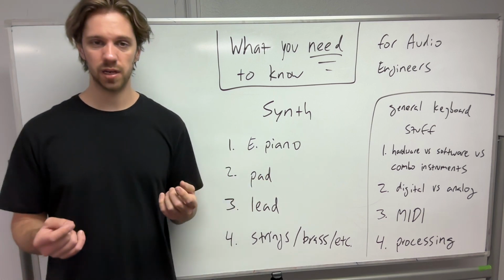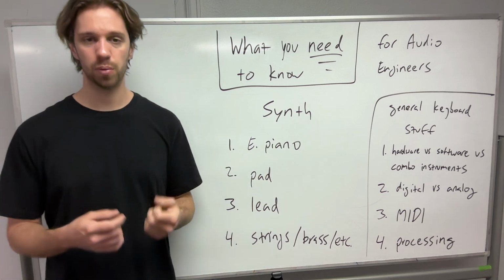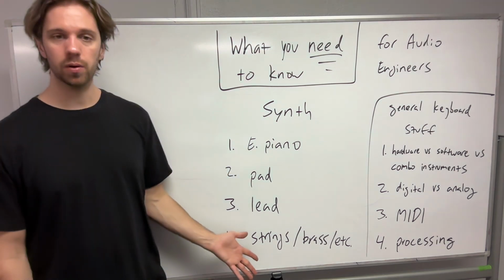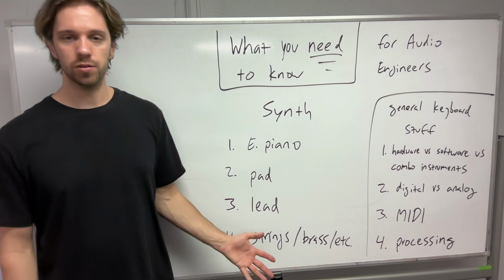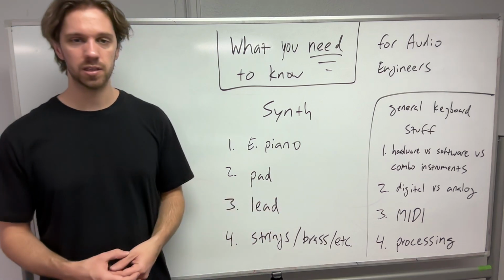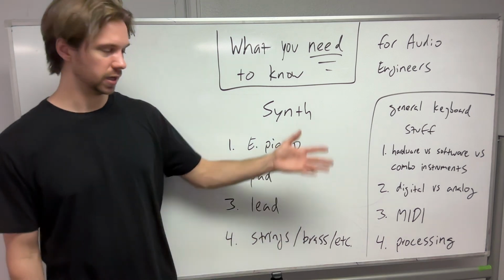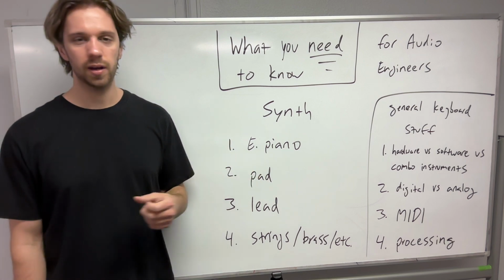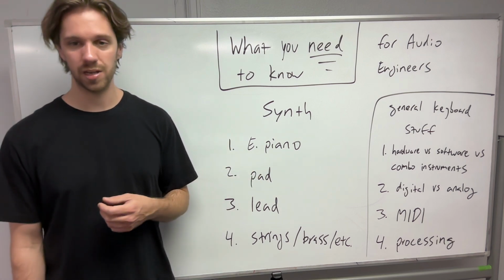Two different kinds of sounds that serve two different purposes in a mix and in any given song. Last, a very common usage for a synthesizer instrument on stage is strings and brass instruments, especially a software one, but you can have an analog synth string sound or synth brass sound as well.